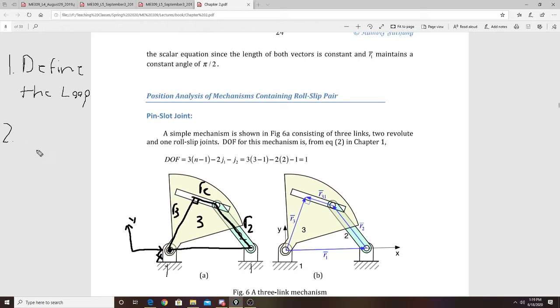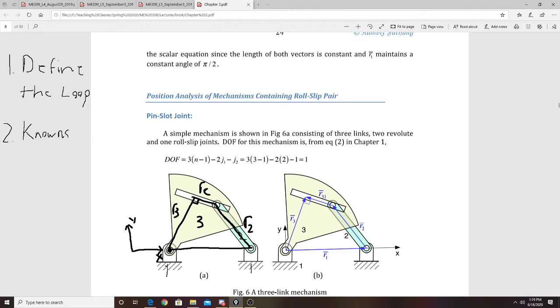Step 2. Step 2 is we need to find all the variables, right? So we need to do knowns and unknowns. So we're going to do knowns, and, why did I put a colon there?